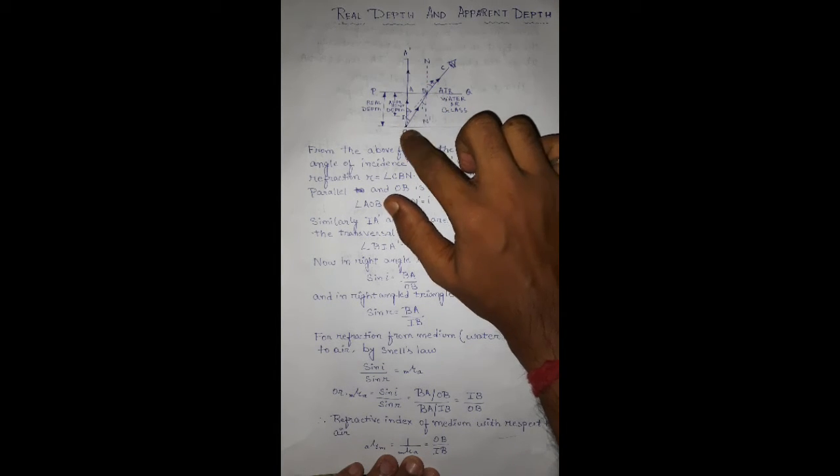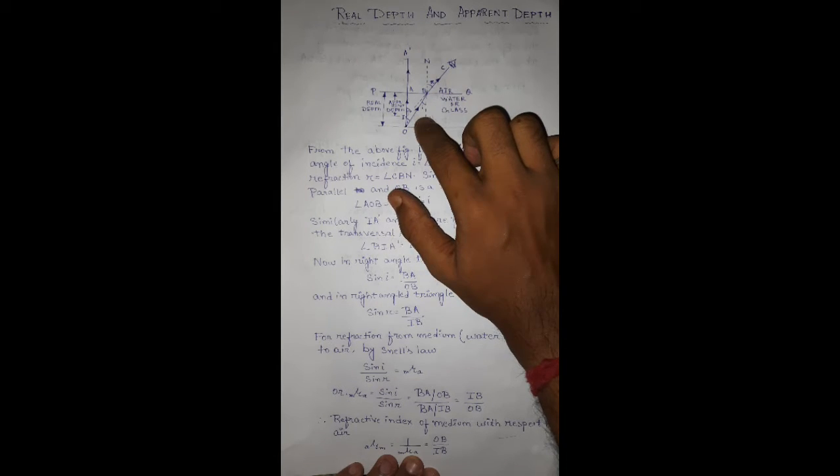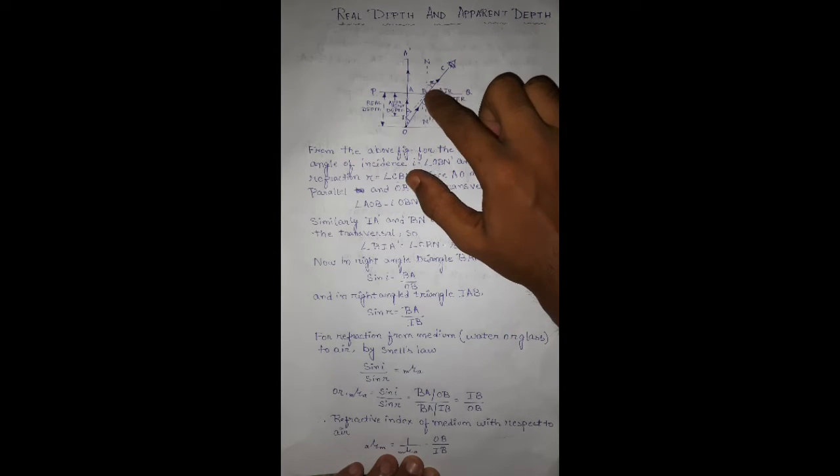Here you will see a point O. This is a point object that I have considered. There are two rays arising from point O, that is OA and OB. Clear? This OB is an incident ray, BC is a refracted ray, as you can see from the arrow.